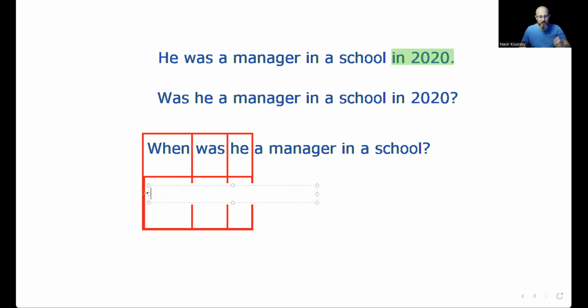We start with the question word, after that the verb to be, then the subject. It's not like questions with a verb: question word, auxiliary, subject, infinitive. So this is the order. It's really easy. And now let's see in the book.